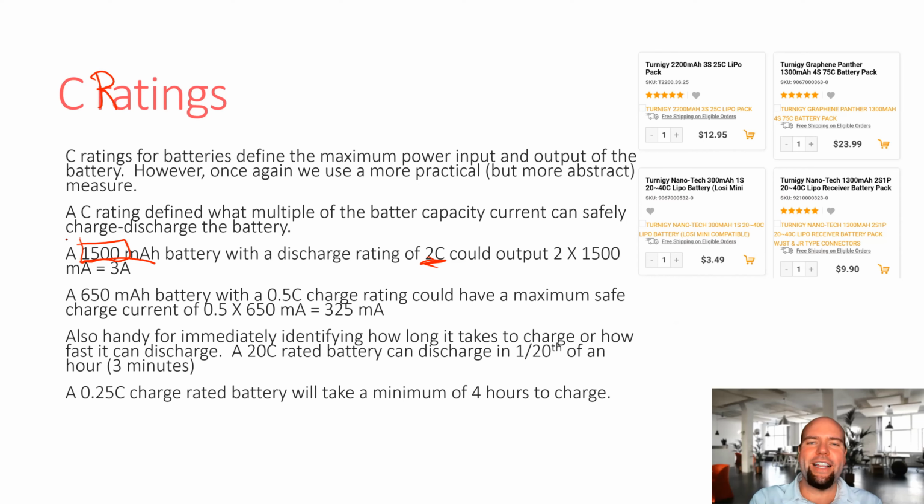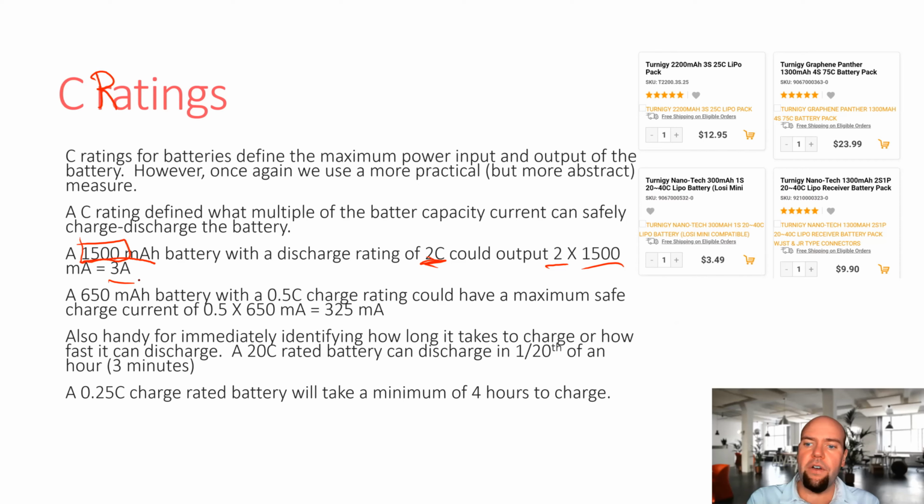Basically whatever that number is, times 2 is the maximum output. So a 1500 milliamp hour battery with a discharge rate of 2C would be 2 times 1500 milliamps, which would be 3 amps of discharge. So the maximum current the battery could output would be 3 amps.